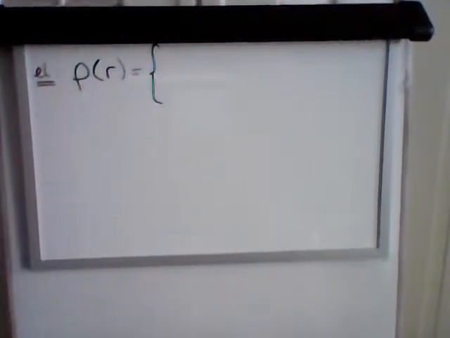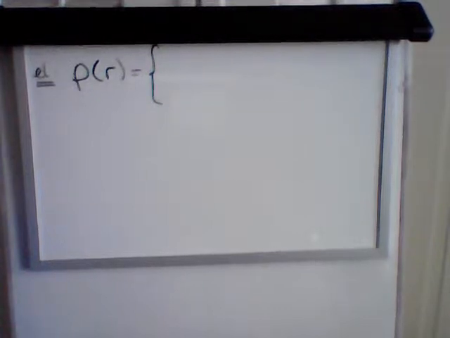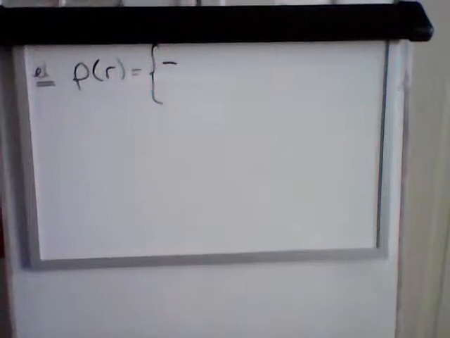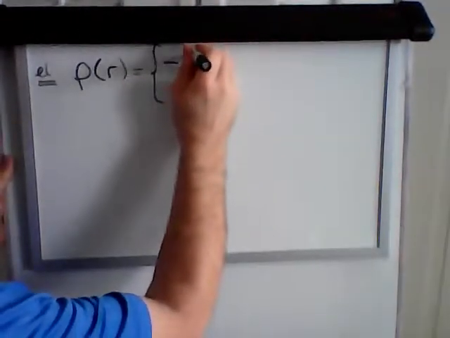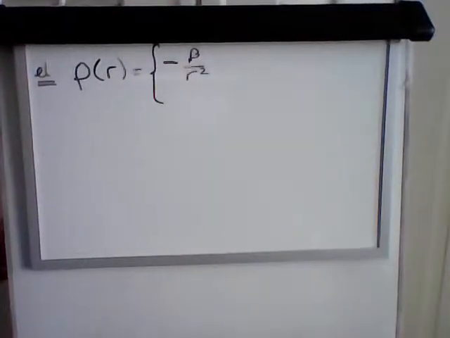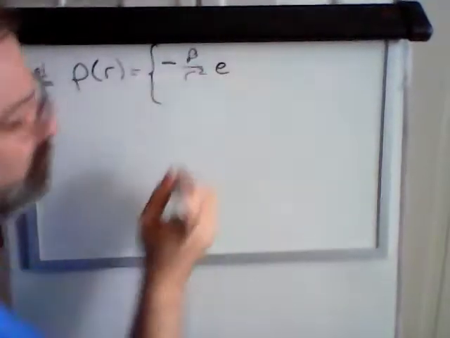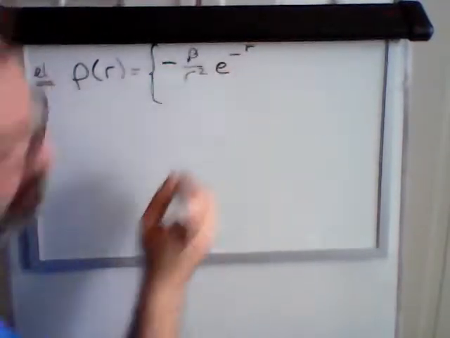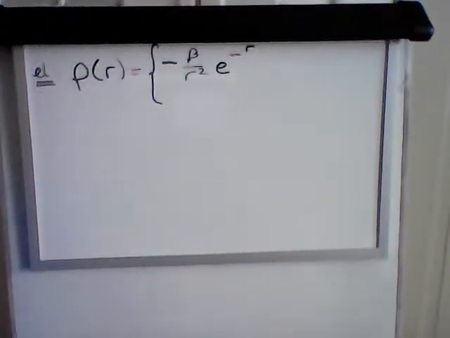We have, oh, interesting. Creative. Okay. So we have minus beta over r squared e to the minus r divided by alpha.